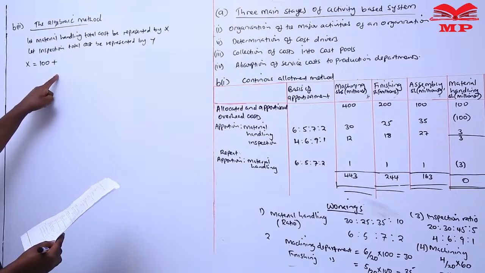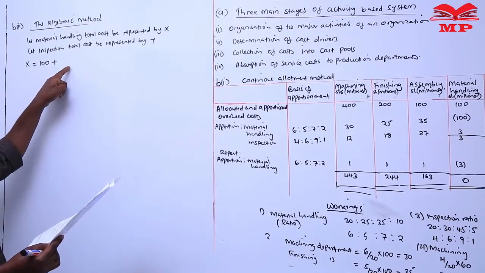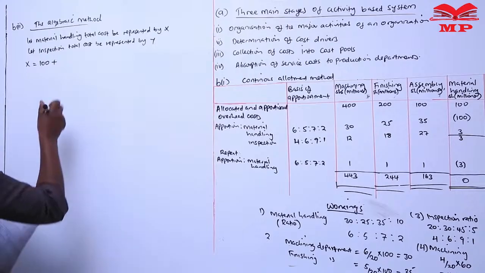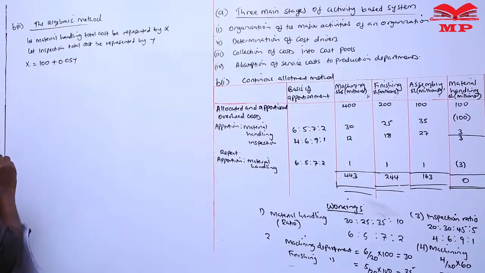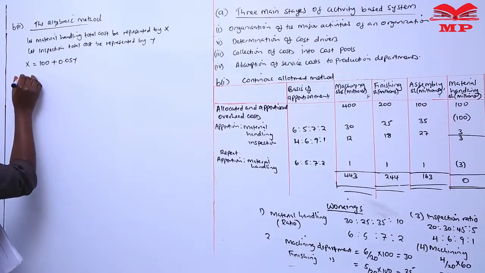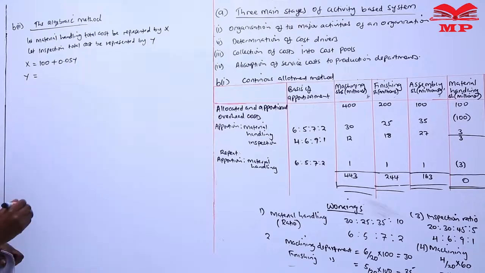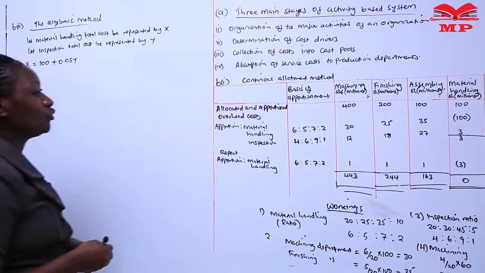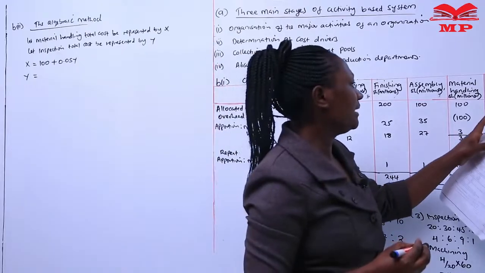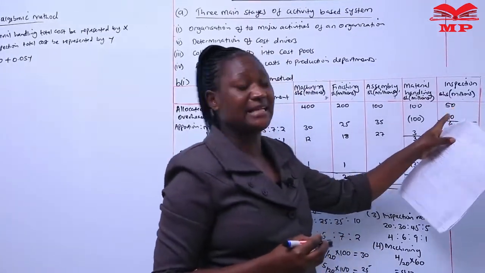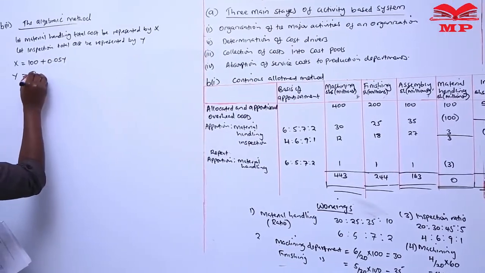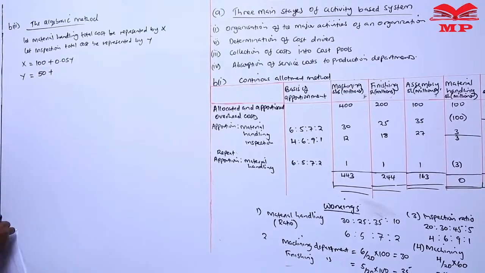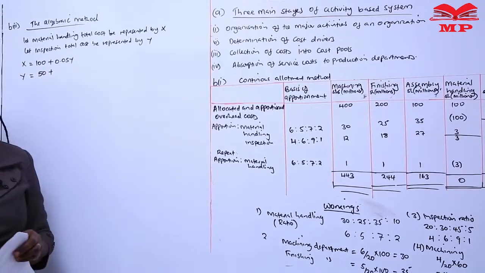So we'll have the original amount plus the proportion of the other service department, inspection, which is plus 0.05 Y. And then we also formulate for inspection, represented by Y, which will be equal to the allocated amount to it, which is 50, in this case not 60, it is 50, plus the proportion of the other service.